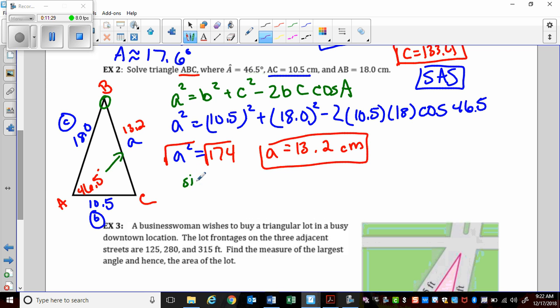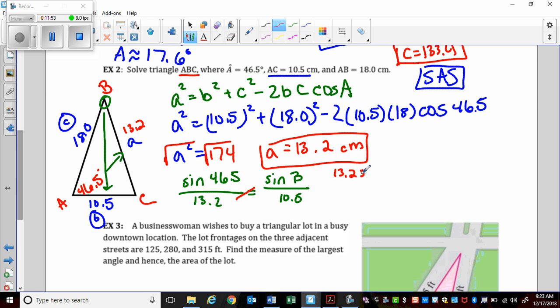So sine of the 46.5 over side A, 13.2, equals sine B. We're trying to find angle B when the opposite side, or side B, is 10.5. Now all we have to do is cross multiply. So I have 13.2 sine B equals 10.5 sine of 46.5.